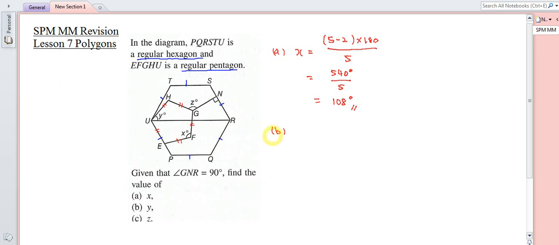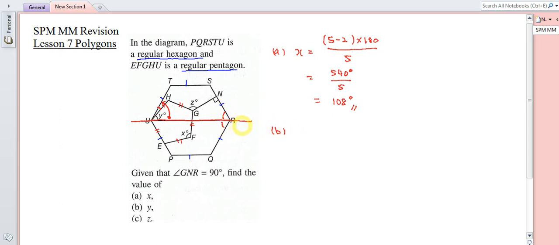Okay, part B, y. To find this y, it may be a little bit complicated. Never mind, I think I just find this angle first. Why do I want to find this angle? Because later on I will use this whole angle minus the angle here, then I will get the y. This line cuts this regular hexagon into two equal halves, meaning these two angles will be the same.